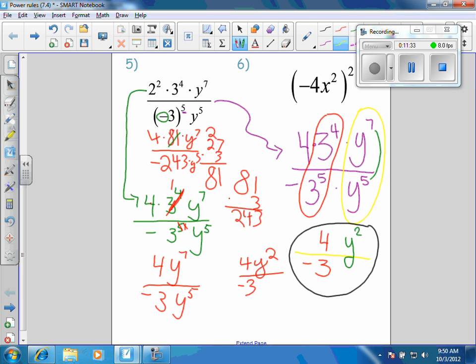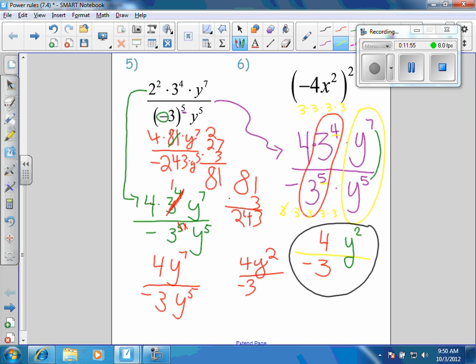So the question is, can I subtract the exponent 4 and 5? So how did you get the 3? Because there's 4 3's in the numerator, so you have 3 times 3 times 3 times 3, and there's 5 3's in the denominator, like what Skylar was doing.